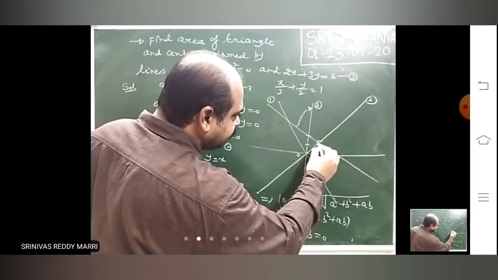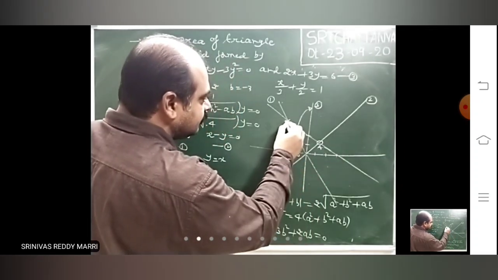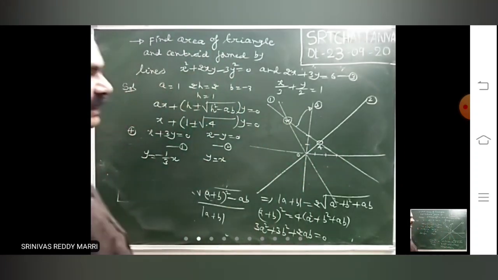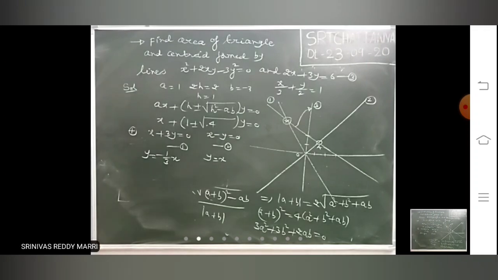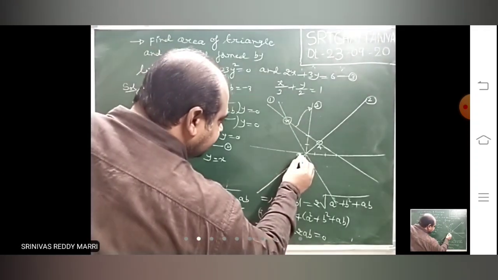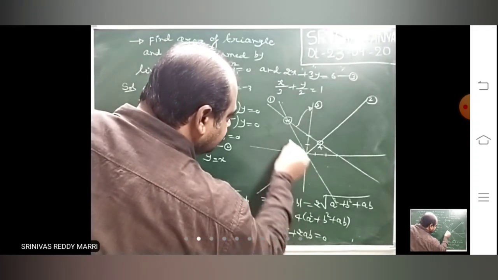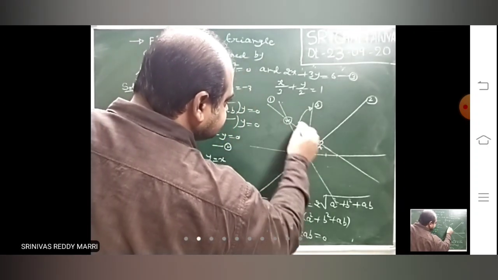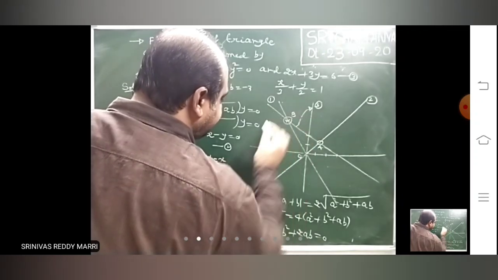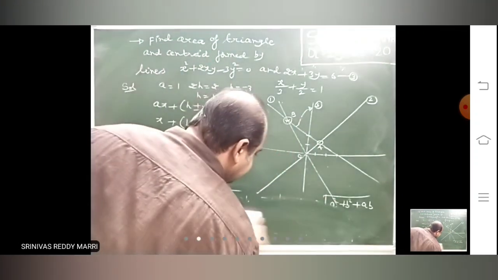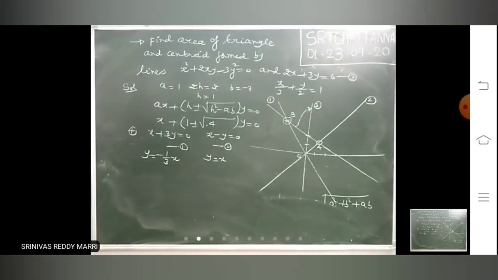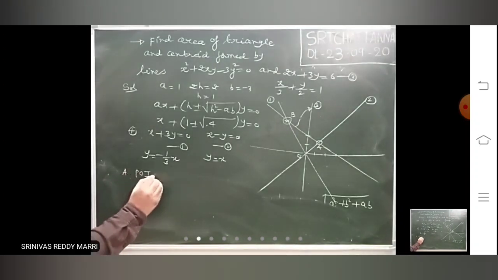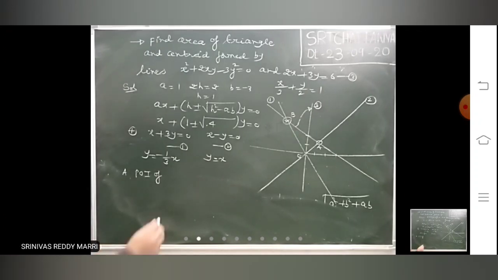So this is the intersection point of this line and this line. Obviously the intersection point of these two lines, 1 and 2, is the origin. So let us say this is A, this is B. Now if you find the points, you can easily get the area and centroid. Now A point is nothing but the point of intersection of 2 and 3.